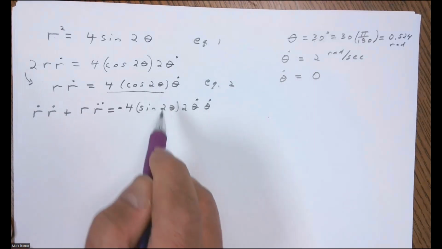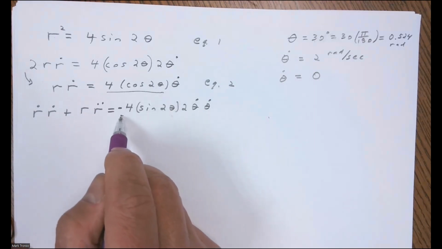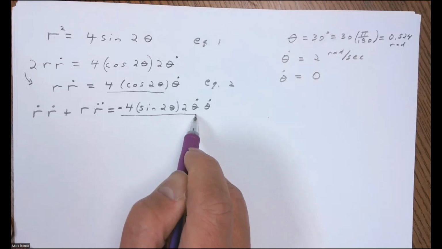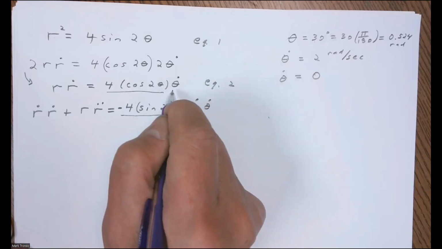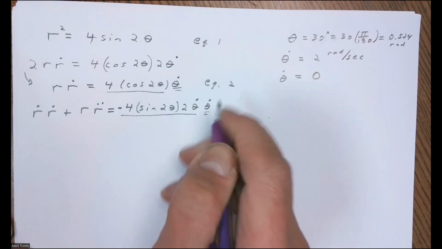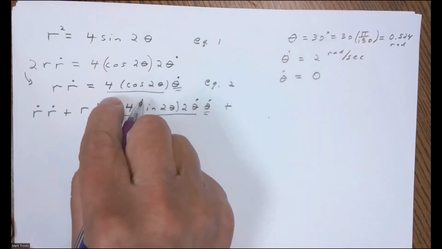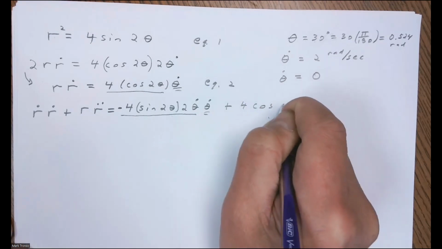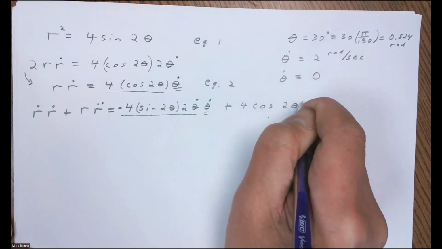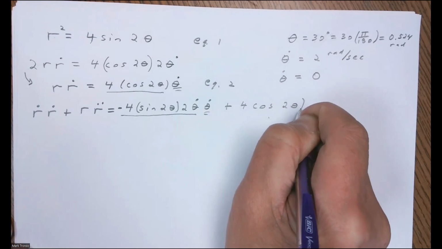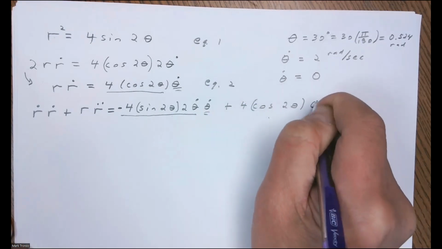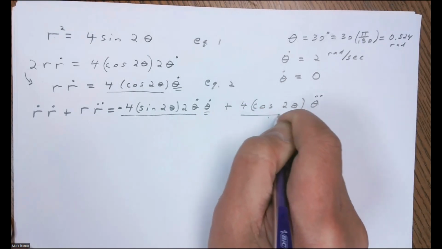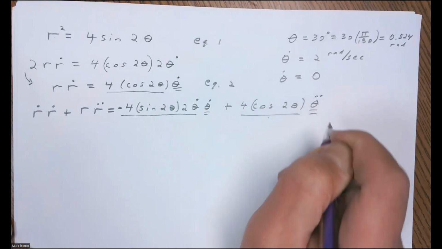So this right here was the derivative of the first times the second, then plus the first times the derivative of the second. Like that.